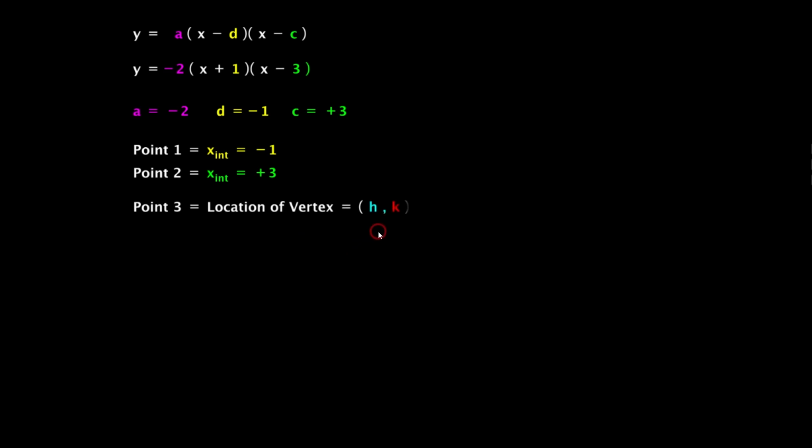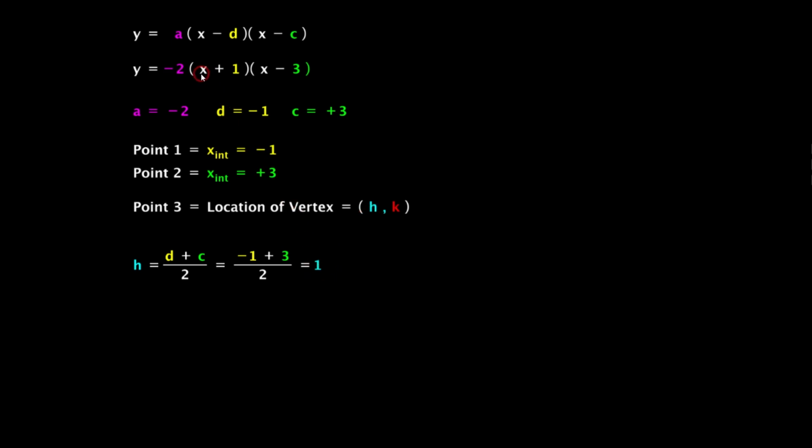To find the h comma k, first we find h. H, the x value of the vertex, is located at the midpoint of these 2 x values. So we add the 2 x values as we did before. -1 add 3, divide by 2, which is 2 divided by 2, which is 1. We got the x value of the vertex, which is h is 1.